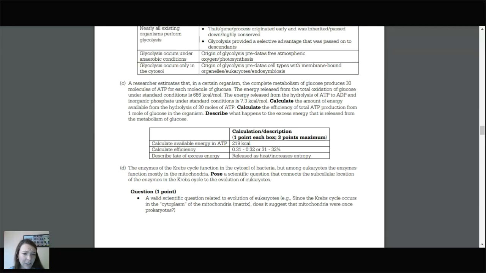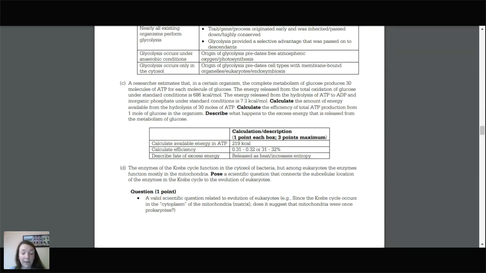So then the second question says, calculate the efficiency of total ATP production from 1 mole of glucose. So they're telling you that burning glucose is 686 kilocalories per mole, but we're only making 30 ATP and getting 219 kilocalories per mole. So we need to do 219 divided by 686, which would be 100% of the energy.